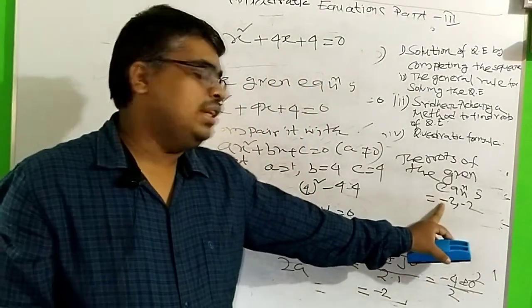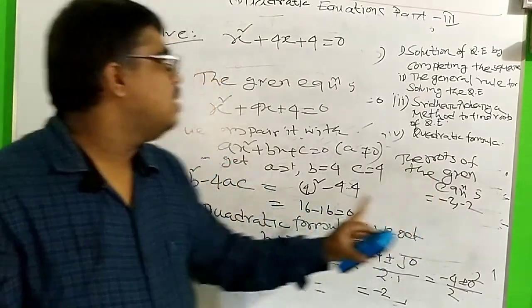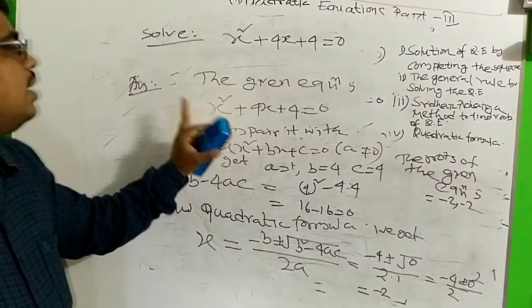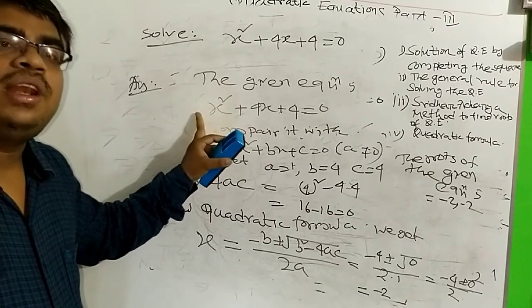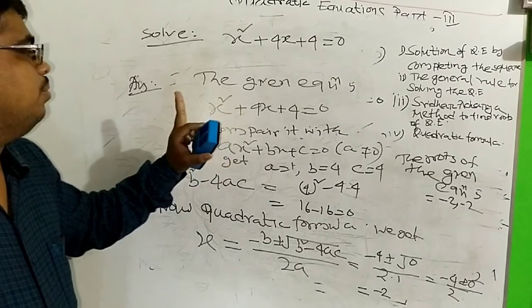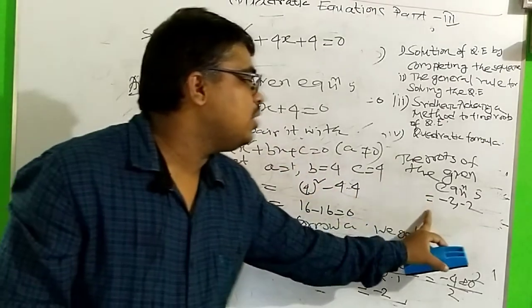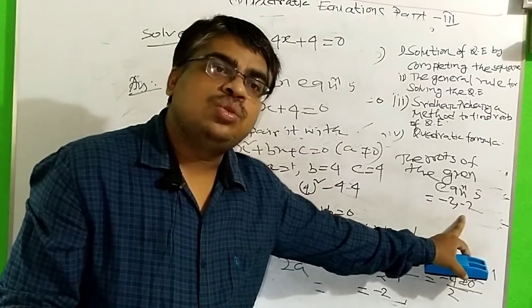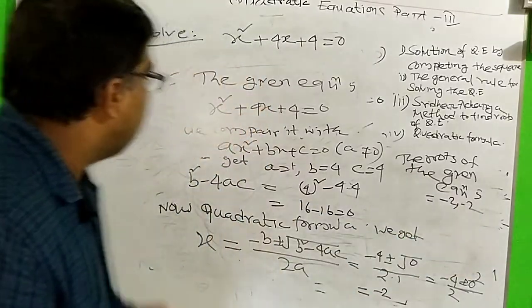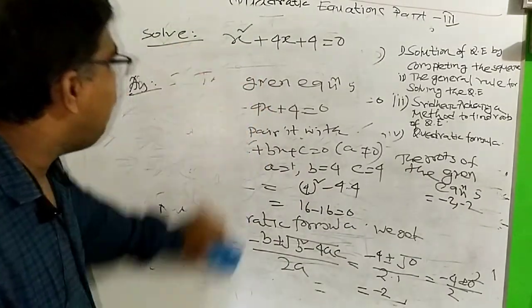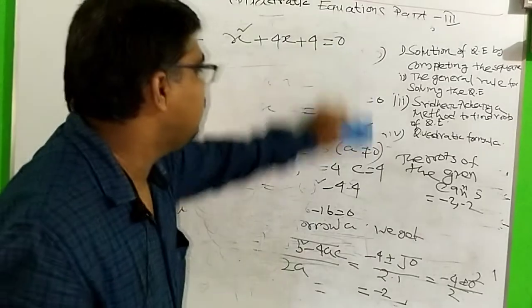You see, since it is a quadratic equation, hence it will have exactly two real roots, and the value of the real roots is minus 2, minus 2. So you should write in this form. Okay, clear. Now we take another example.